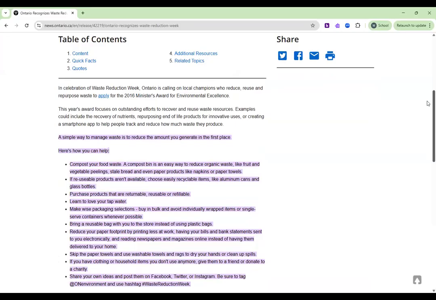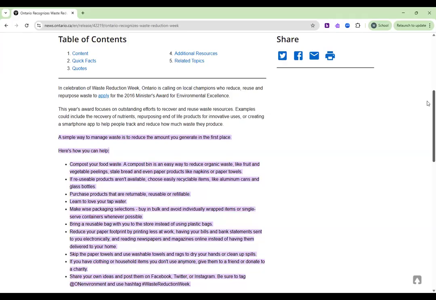So compost your food waste, and a compost bin is an easy way to reduce organic waste like fruit and vegetable peelings, bread, napkins, paper towels, all that can go. Remember I mentioned you can put used coffee grains. You can put eggshells. All of those things we can use to reduce the amount of garbage we're generating.